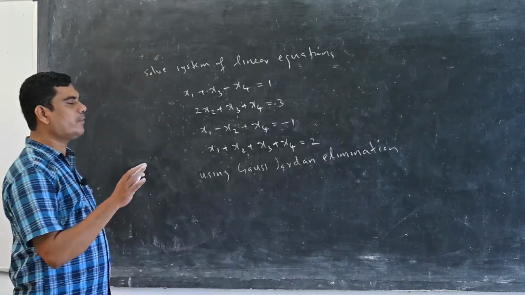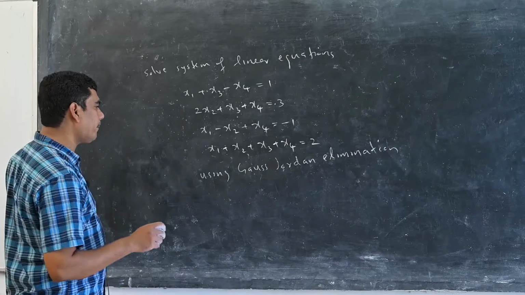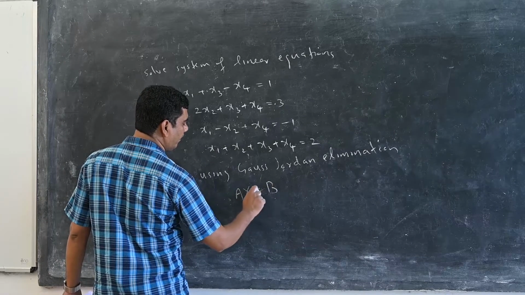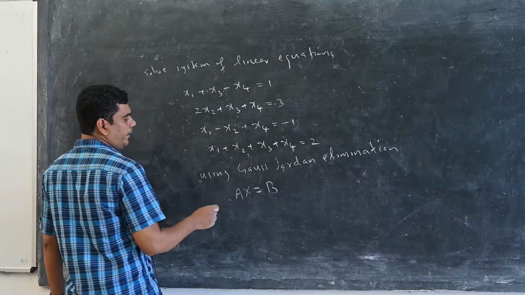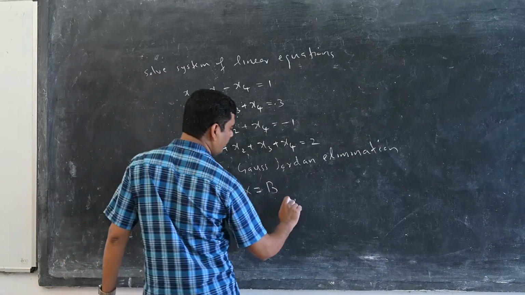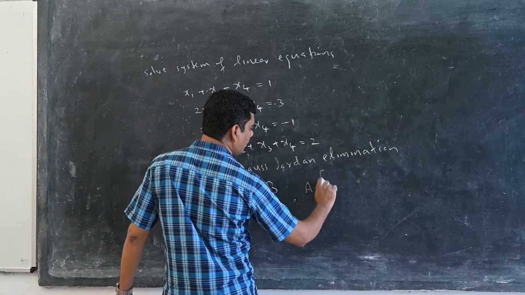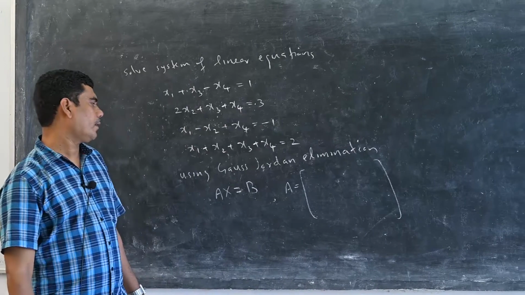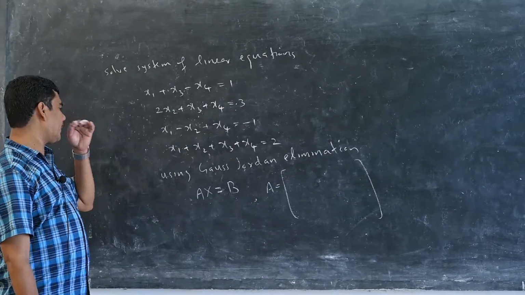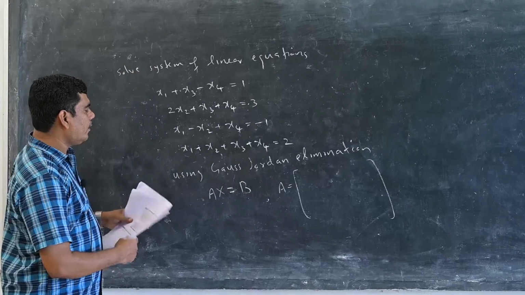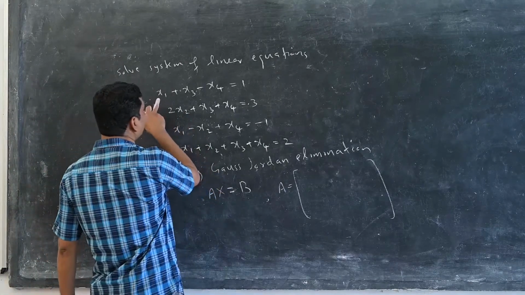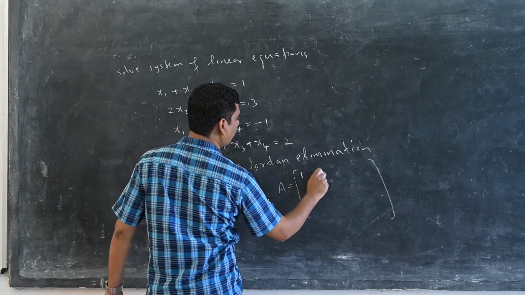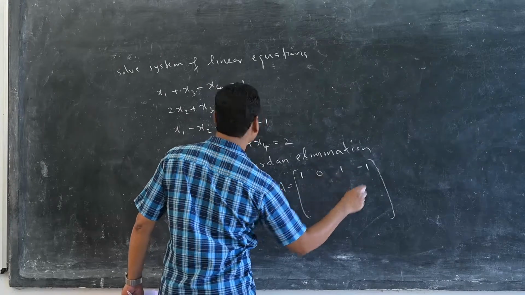The given system of linear equations can be written in matrix form as Ax is equal to B. A is the coefficient matrix. Here, in the first equation the coefficients are 1, 0, 1, minus 1.